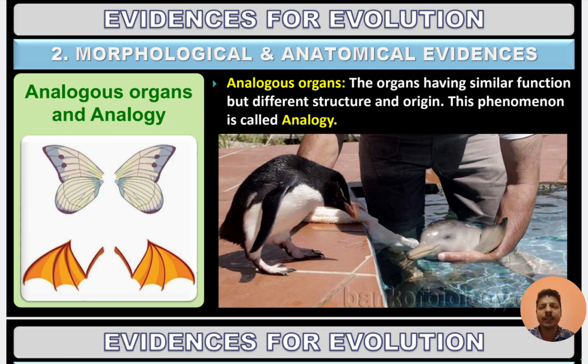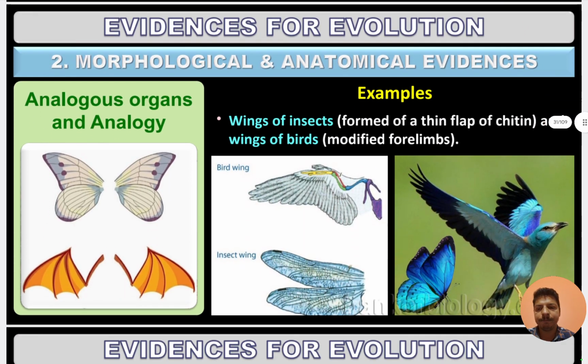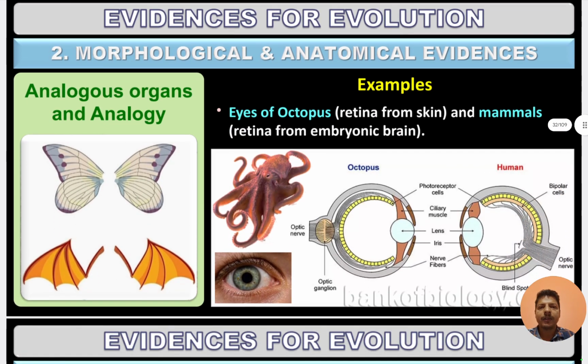Organs having similar function but different structure and origin. Then another example, eyes of octopus, retina from skin, and in mammals, retina from embryonic brain. Here you can see an octopus and a human eye. See the similarities. Remember.